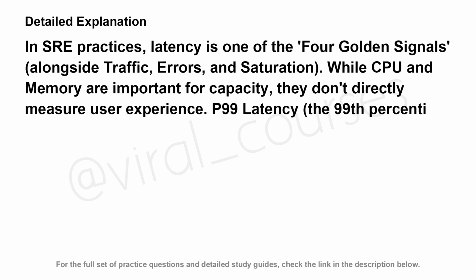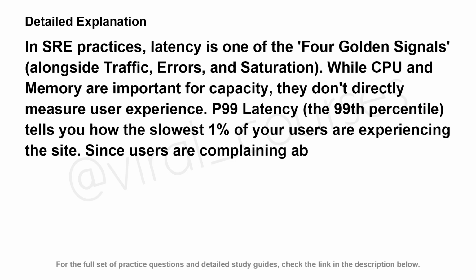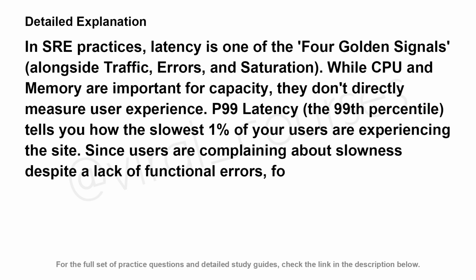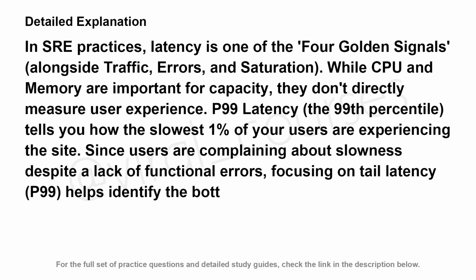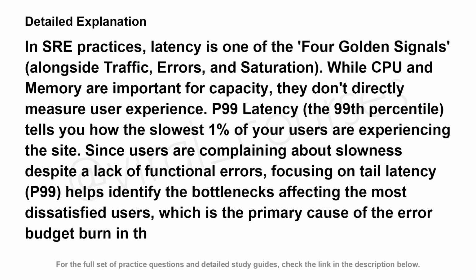P99 latency, the 99th percentile, tells you how the slowest 1% of your users are experiencing the site. Since users are complaining about slowness despite a lack of functional errors, focusing on tail latency, P99, helps identify the bottlenecks affecting the most dissatisfied users, which is the primary cause of the error budget burn in this context.